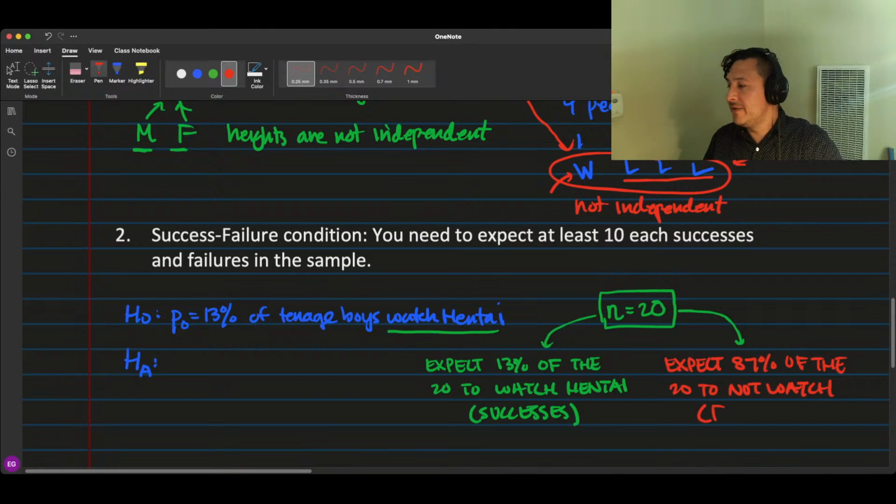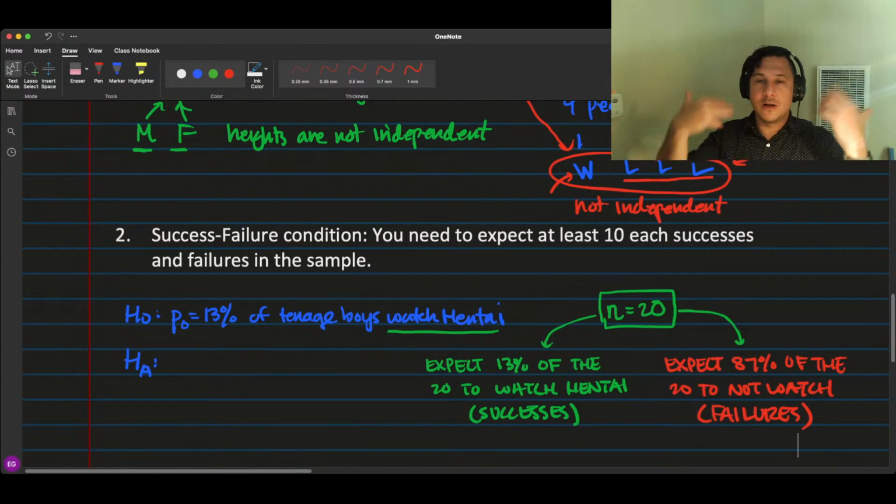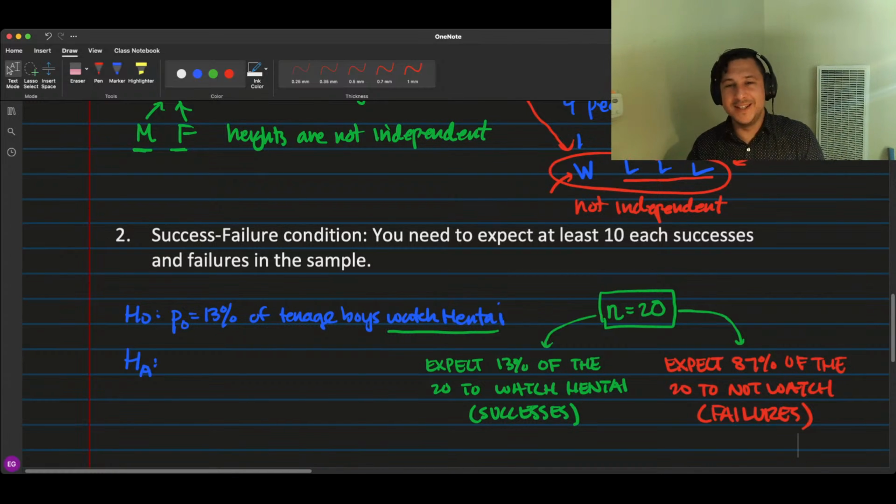These people would be called the failures. So does it make sense? You're going to say, I think some percentage of people do this. The people who do that are called successes. The people who don't do that are called failures.